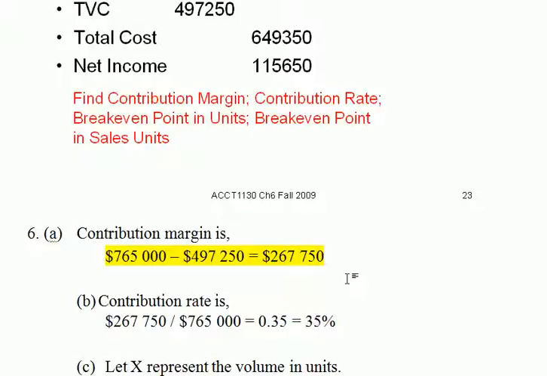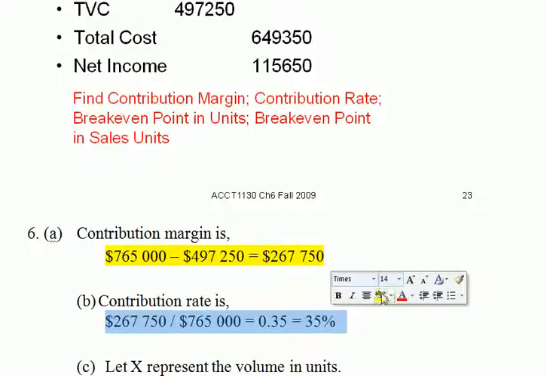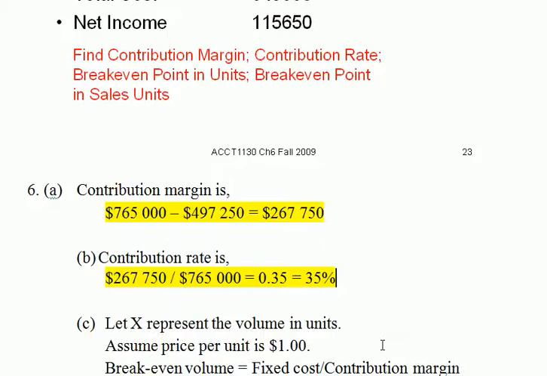Sales minus total variable costs give us the contribution margin. The contribution rate is the contribution margin divided by the total sales of 765,000. So that's 35%. It comes out as 35%.